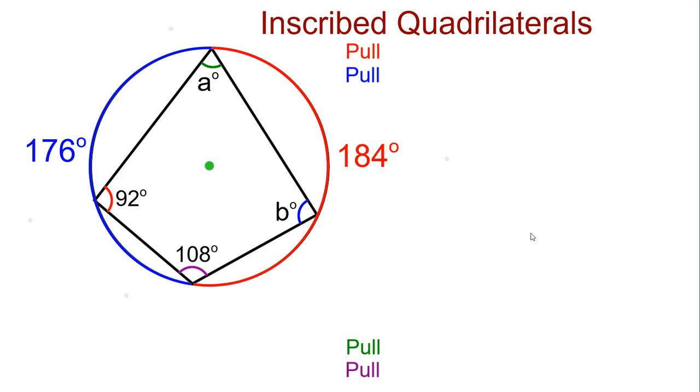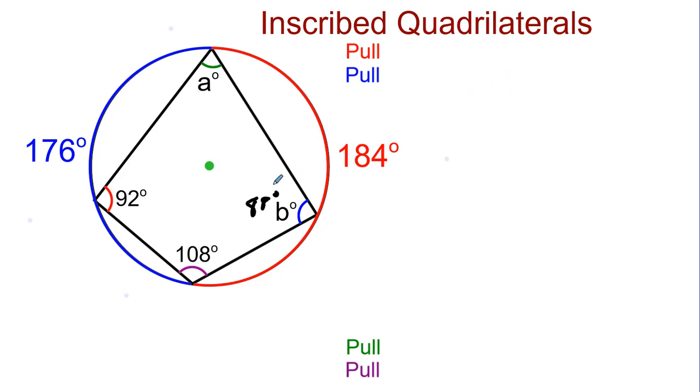Let me see if I can write that in real quick. There we go. I'm getting better at this. All right, so that's going to be 88 degrees. So we got 92 and 88. Well, how are 92 and 88 related? Well, if the two arcs add up to 360, then what do half of those angles add up to? Well, it's 180.